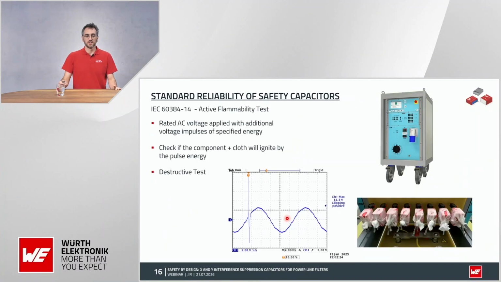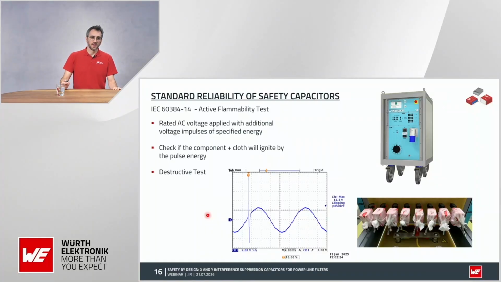Another test that sometimes is confused with this, because we also use pulses, is the active flammability test. Now, depending on the class, we also have more and less voltage, but the pulse is applied as a difference. The pulse is applied on a rated voltage AC on top of that.